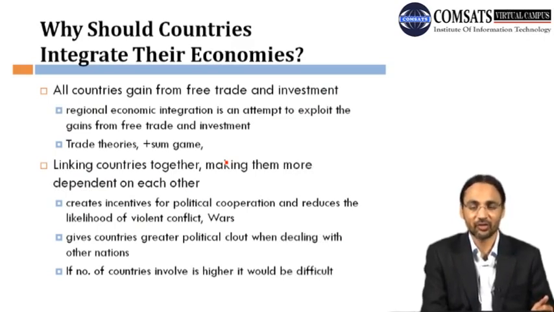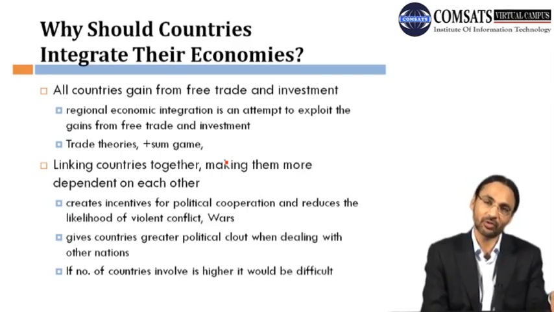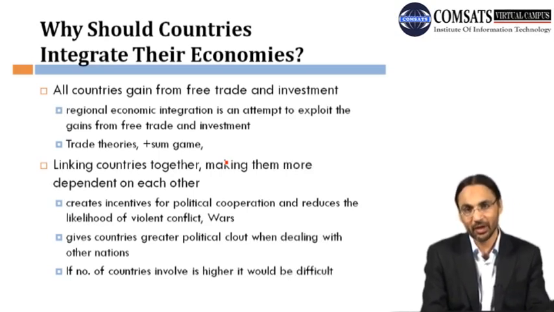All countries gain from free trade and investment, like we have studied in the last chapter, that countries get together and make agreements to increase their trade and flow, so that if they can produce product A efficiently, and they are not efficient in production of product B, they can swap those products which they can produce better with the other countries. In that way, both countries will gain, and that will be a positive sum game.